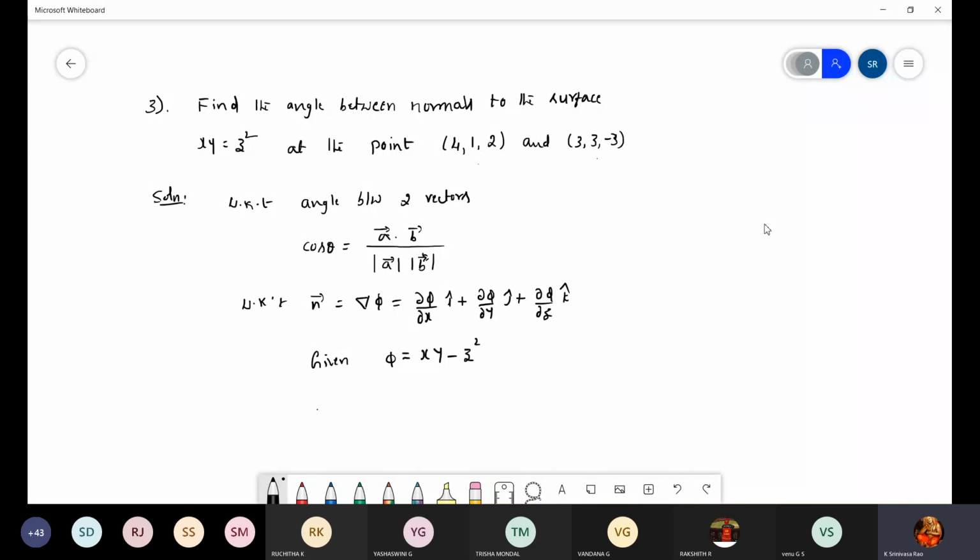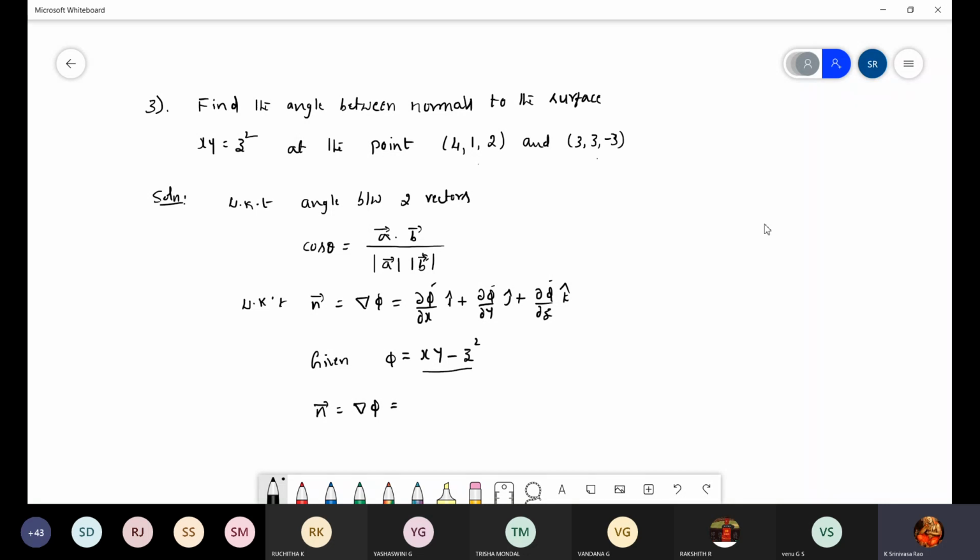So n equals grad phi equals, you can differentiate directly. Otherwise you can substitute xy minus z square wherever phi is there, with respect to x, y and z.